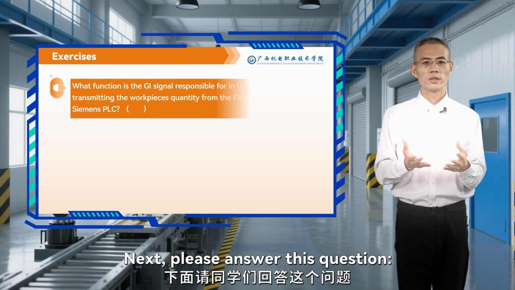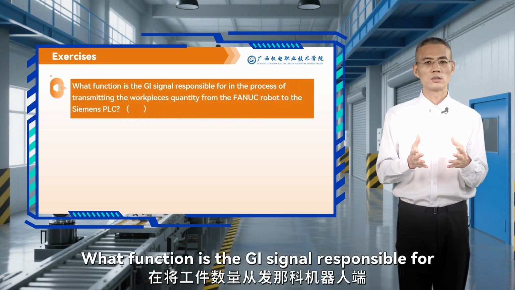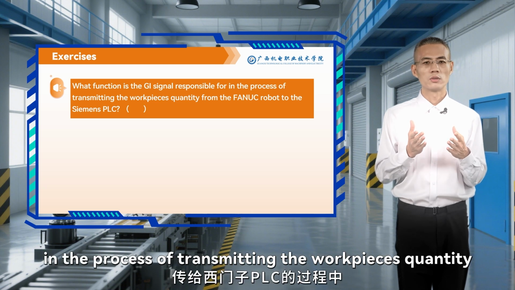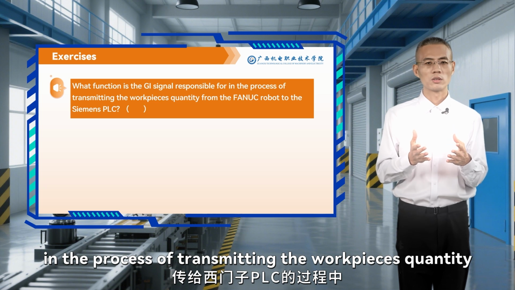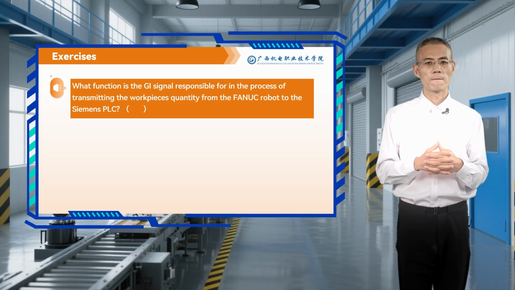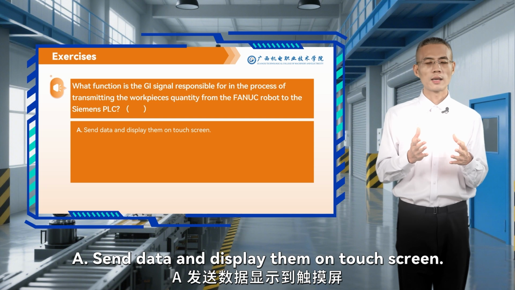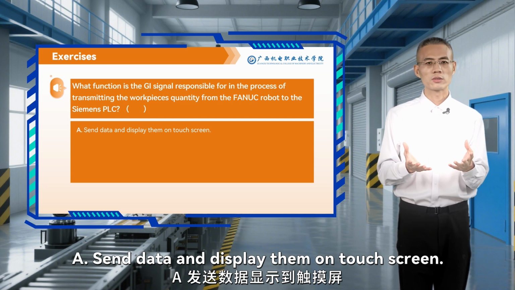Next, please answer this question. What function is the GI signal responsible for in the process of transmitting the workpieces quantity from the FANUC robot to the Siemens PLC? A. Send the data and display them on the touch screen.